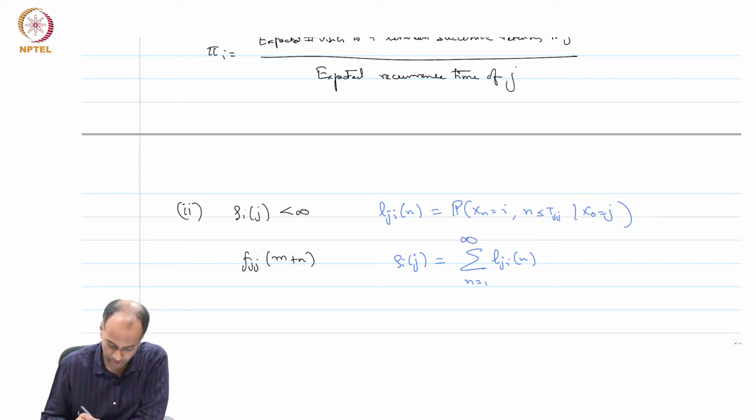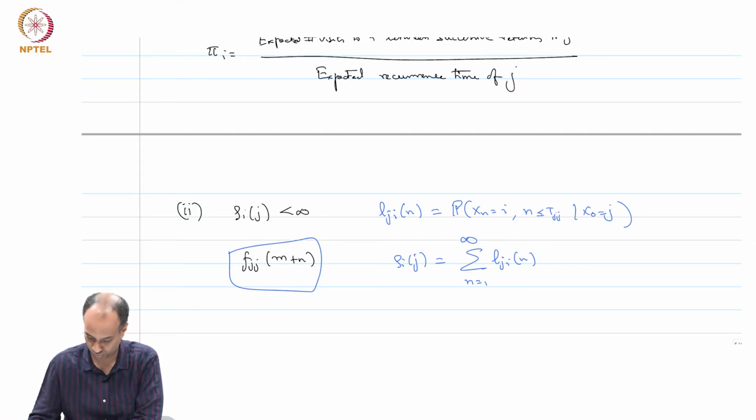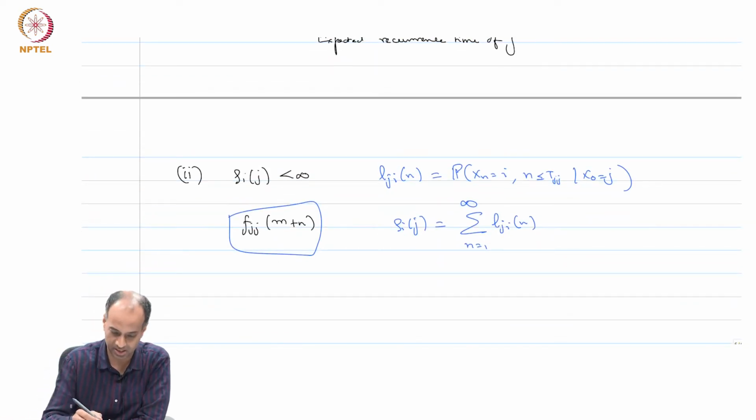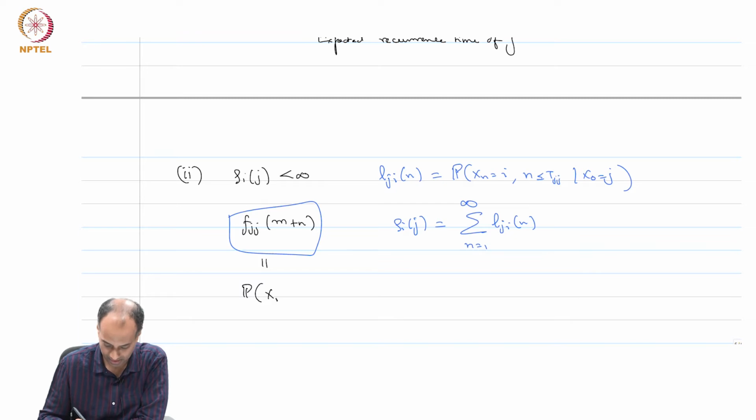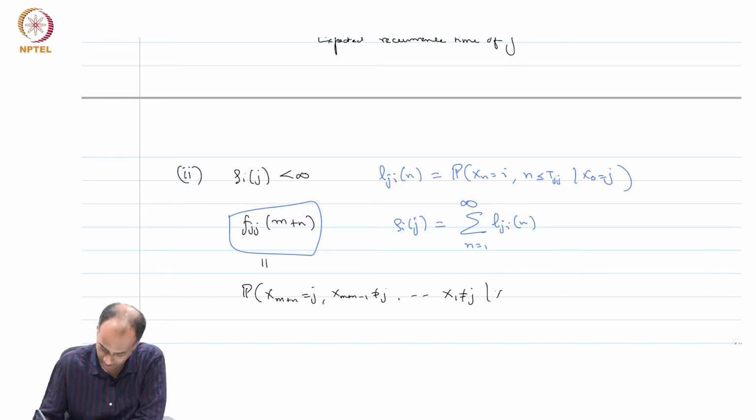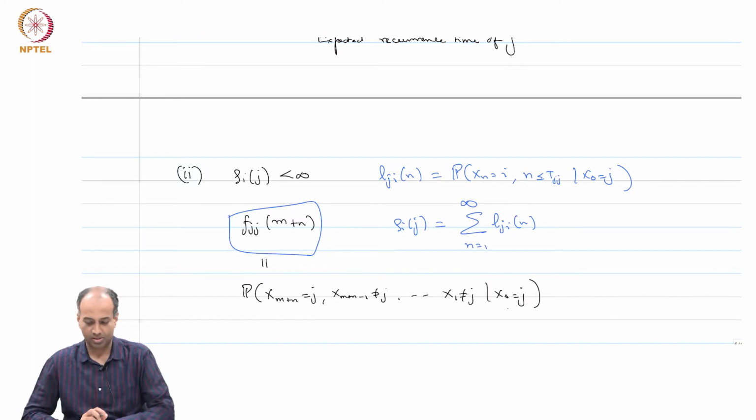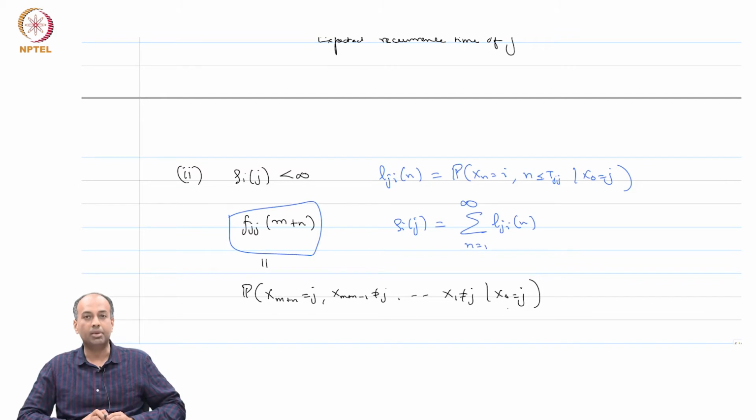Now, I am going to consider this beast. Fjj of m plus n is the probability, if you recall, that x m plus n equals j, x m plus n minus 1 not equal to j, dot dot dot, x 1 not equal to j, given x naught equals j. So, this is the probability that for the first time I got to state j at time m plus n.